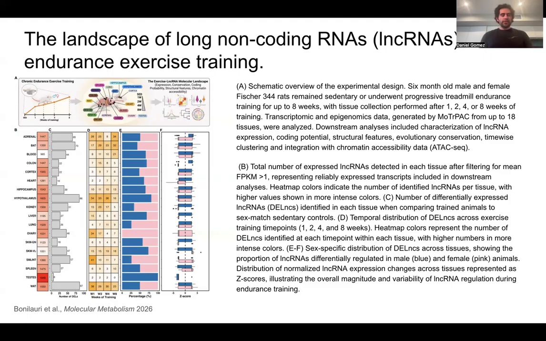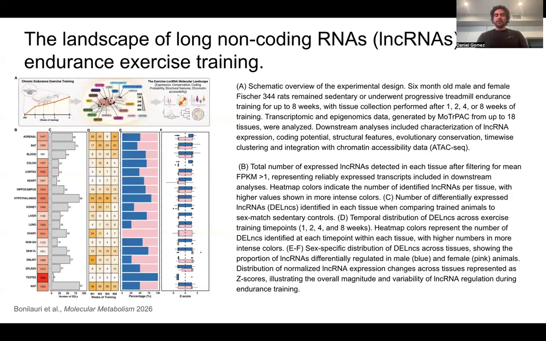And then in white adipose tissue, we can see 38, 26, 30, and 23, which are all the different weeks of training that they have for each tissue. And that's the temporal distribution of the DELs across exercise training time points. So that goes over everything for that map.